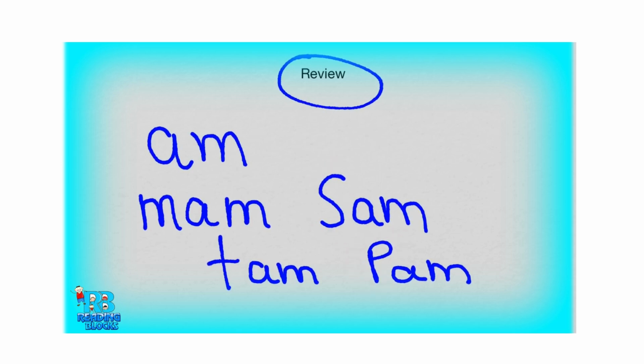So when we're talking about a person and we're using someone's name, we make the first letter a capital letter. Tam can be a person's name, or it can be a pretend word, part of a syllable of a word. So let's read these one more time. Am, ma'am, Sam, Tam, and Pam.